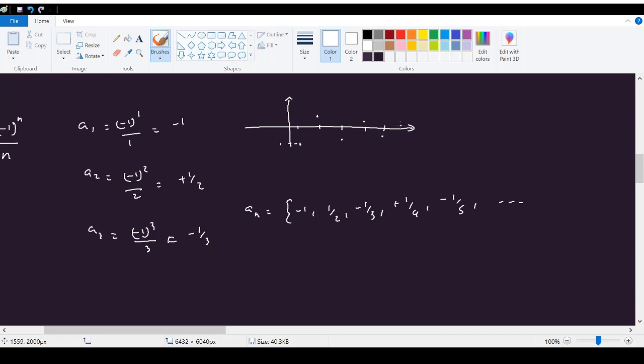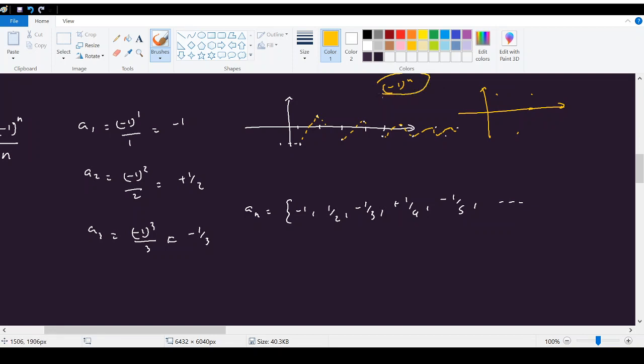Although it oscillates between negative and positive, it will eventually reach a certain value, right? It oscillates, but not as it was in the previous case. In the previous case, remember, we had (-1)^n, so the distance between these points was the same.